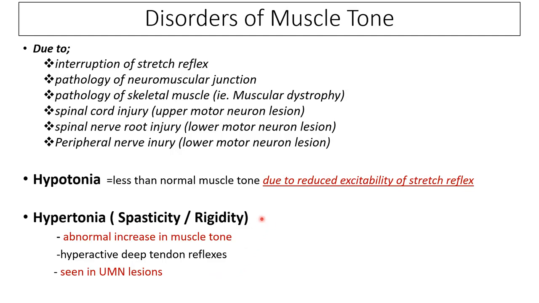We'll see examples of hypertonia a little more on the next slide, but these are all representative of hypertonia: spasticity, rigidity, hyperactivity of muscle tone and deep tendon reflexes. That's representative of upper motor neuron lesions. Hypotonia is associated with lower motor neuron lesions.